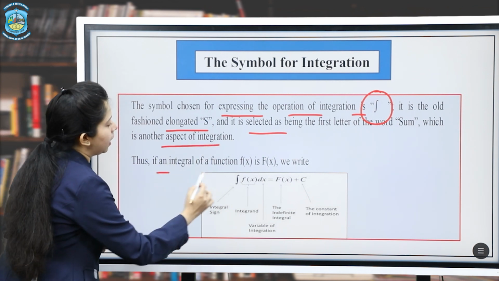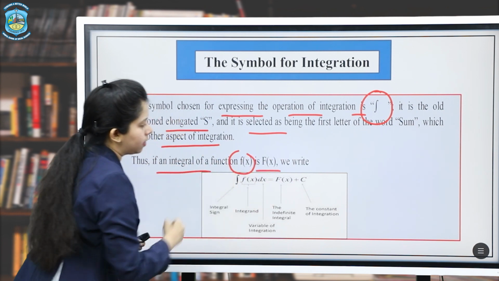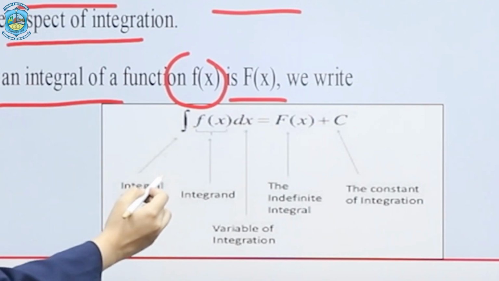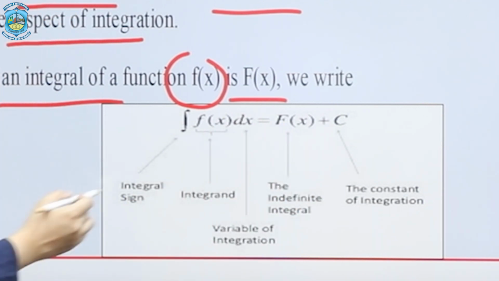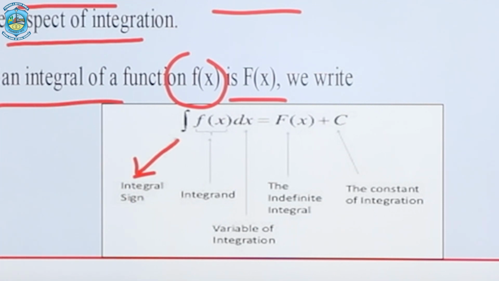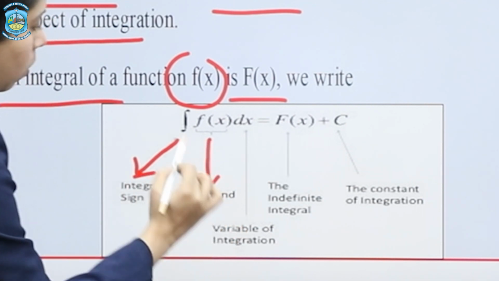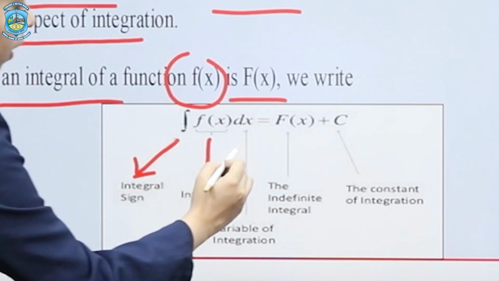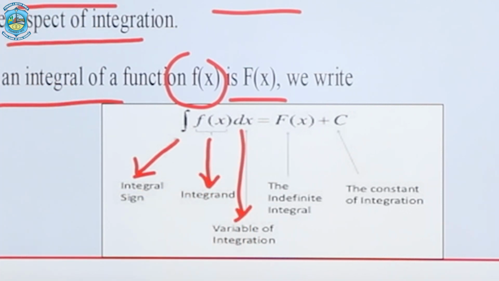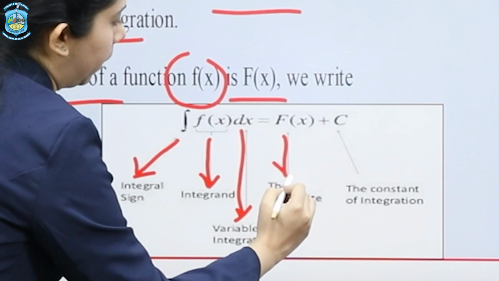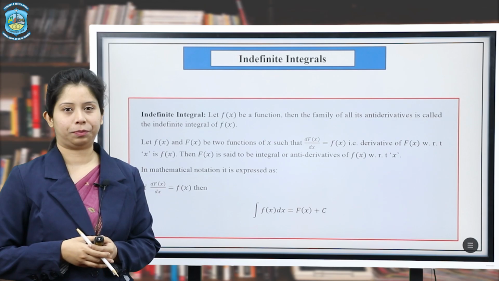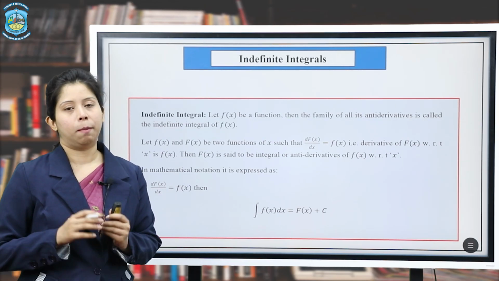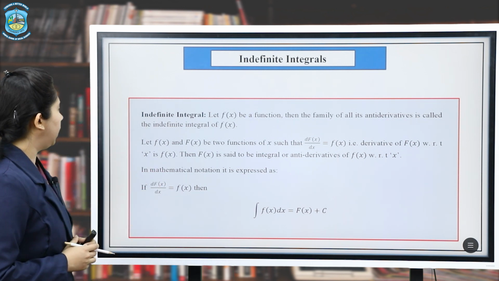Thus, if an integral of f of x is capital F of x, we write it as integral f of x dx is equal to F of x plus c, where this symbol is the integral sign, f of x is called the integrand, dx is the variable of integration, capital F of x is the indefinite integral, and c is the constant of integration. All this is the idea behind what we call indefinite integrals.